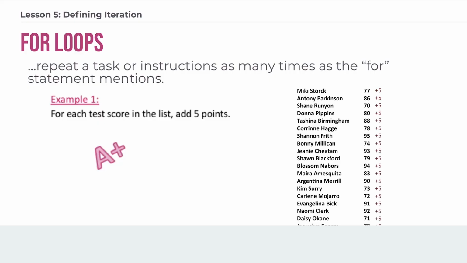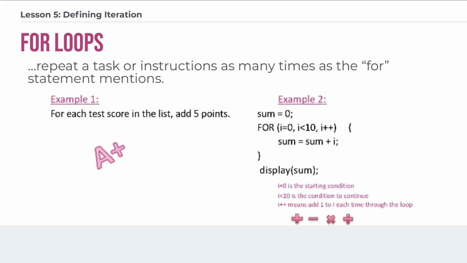All right, then we have an example over here on the right. This is sort of a pseudocode-ish type of for loop, just to show you how it might look in a text-based form. We have sum equals 0. So apparently there's a variable called sum, and it is being set to 0 right at the very beginning of this little program.